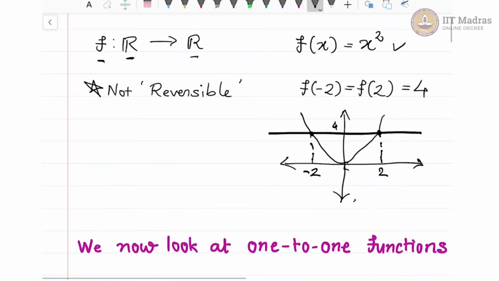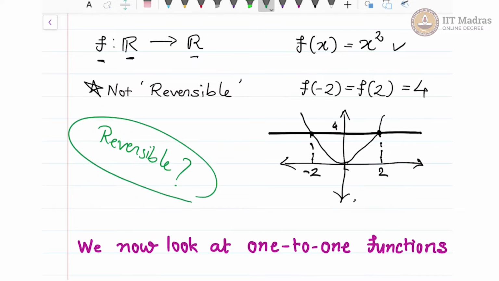Now the question is, this function is not reversible, so which functions are reversible? That is a question we can ask now. In order to answer this question, we need to study some class of functions. In the last few videos we have already seen that one-to-one functions are nice functions.